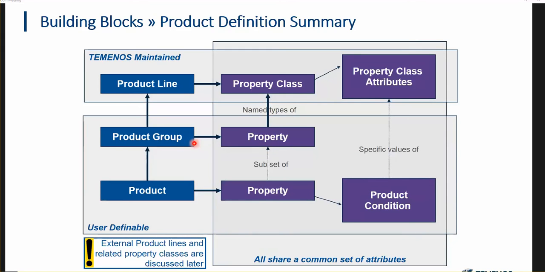Now, these properties which are in the group are technically a subset of these property classes, because each is nothing but a copy of it. It's actually a property class that I have renamed, because I want 5 charges.